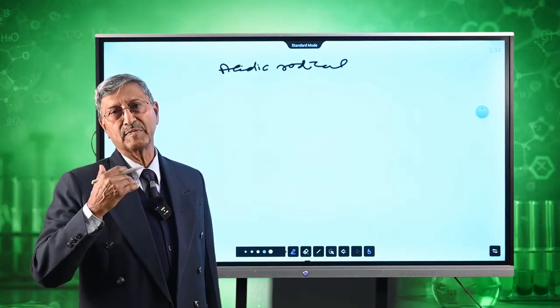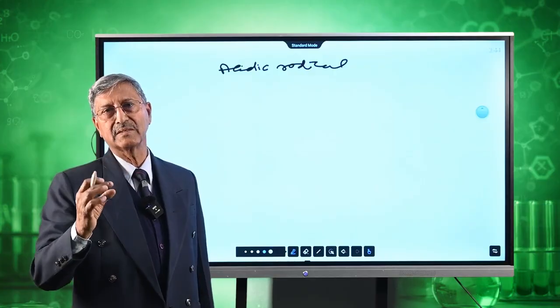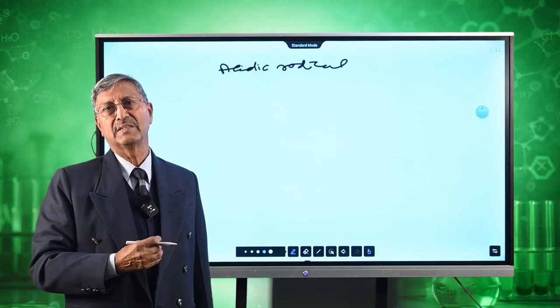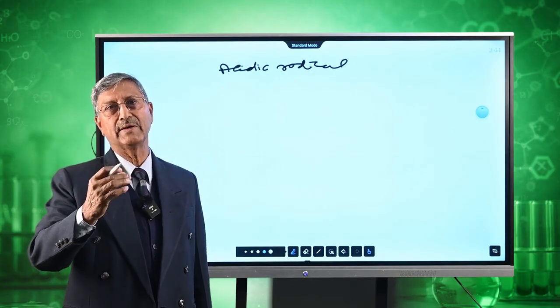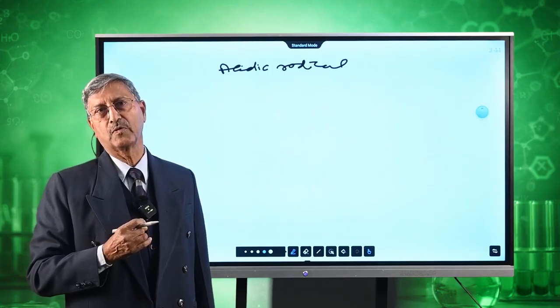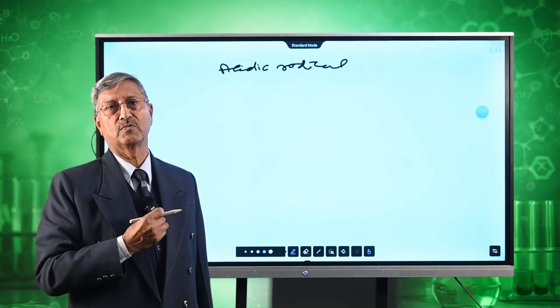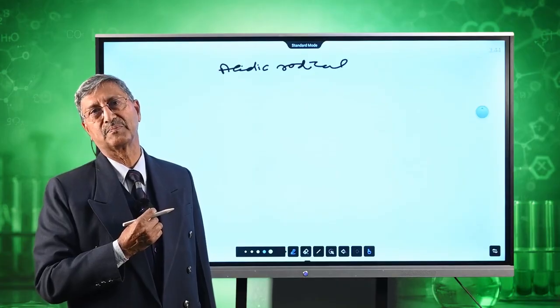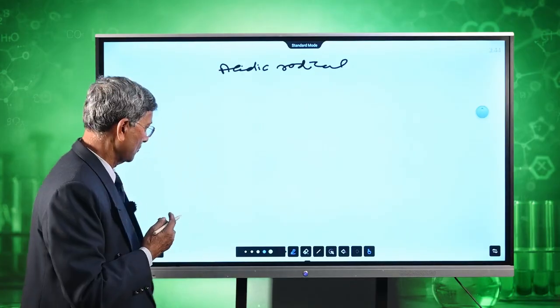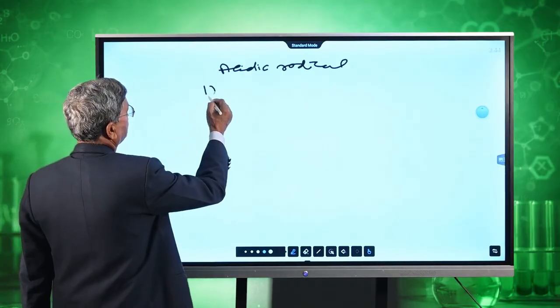And after we get an indication, we perform the confirmatory tests or wet tests. So first of all, there are two tests which we use for the detection of acid radicals.